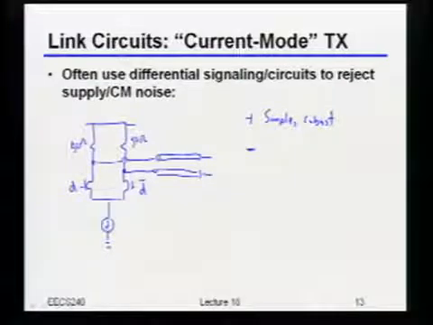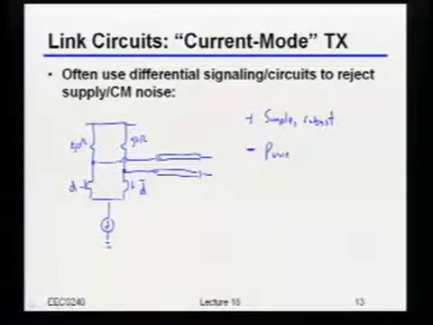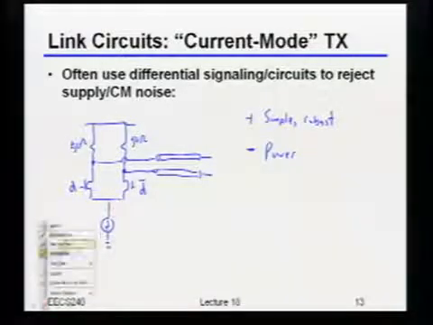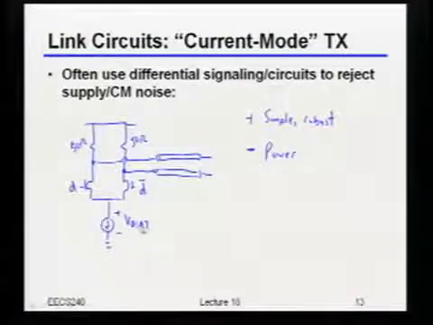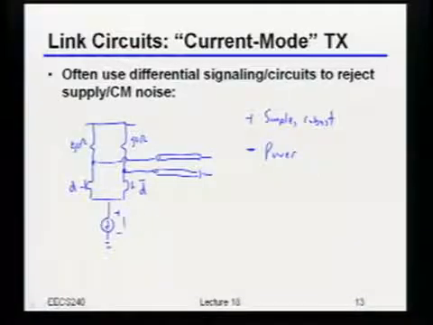The bad news is that the power is not really as good as it could be. The reason I say that is the following. If I'm really just steering currents back and forth, this thing down on the bottom, I always need some minimum voltage across it, some, let's say, K times V star or something like that.